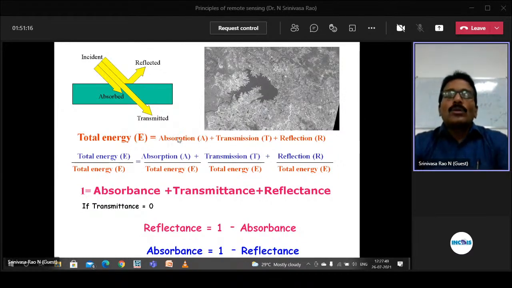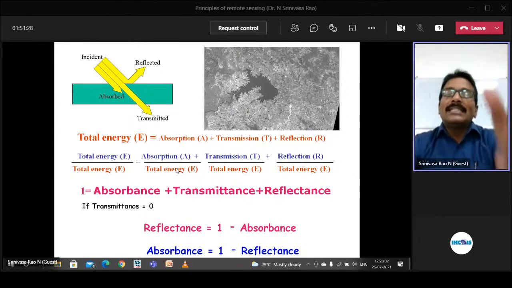Now, if I divide this equation by the total incident energy, total energy by total energy equals 1.